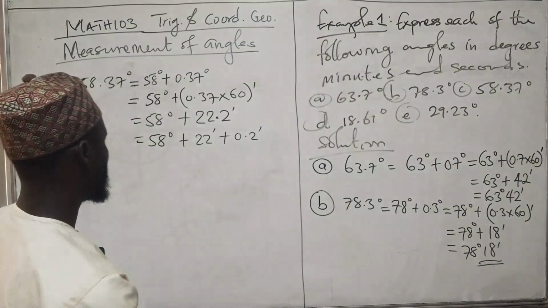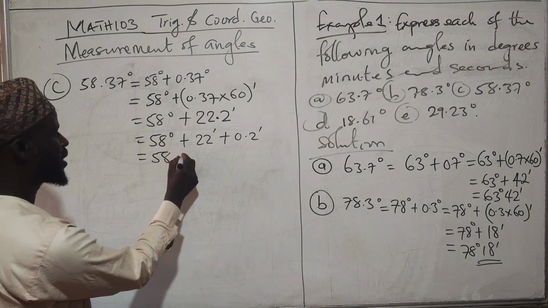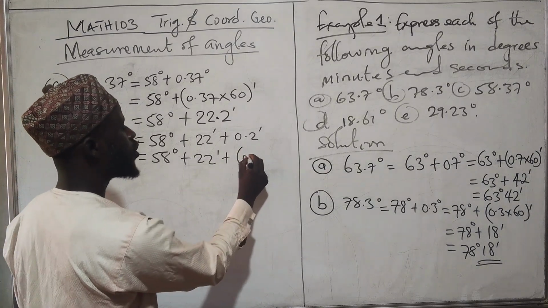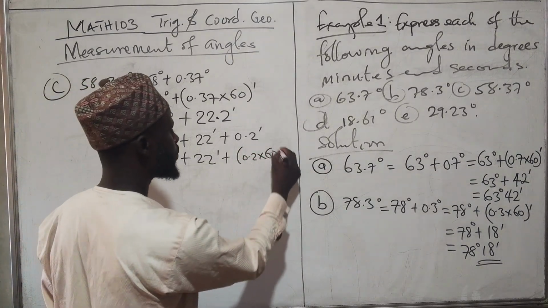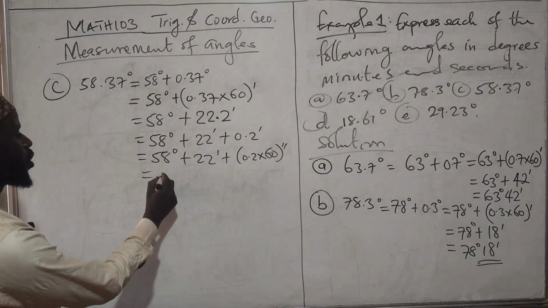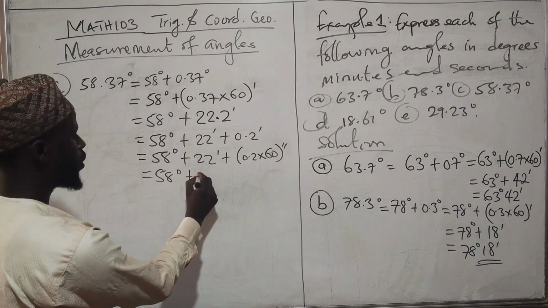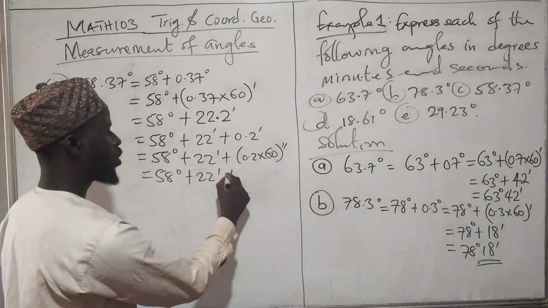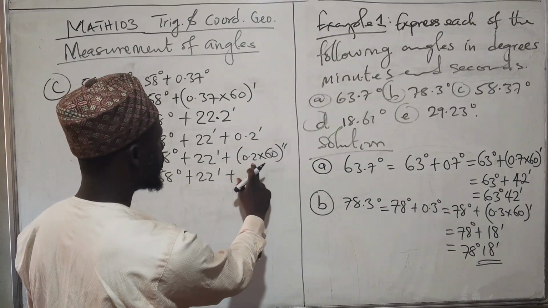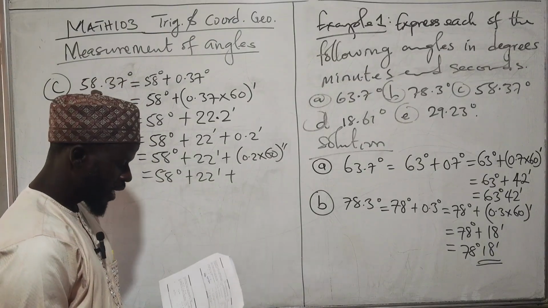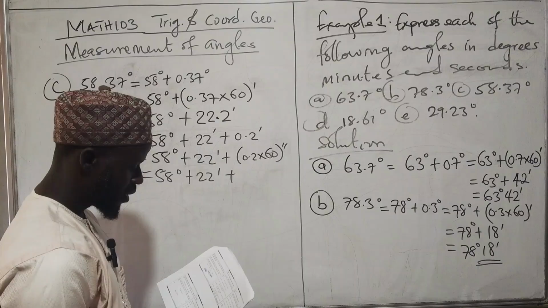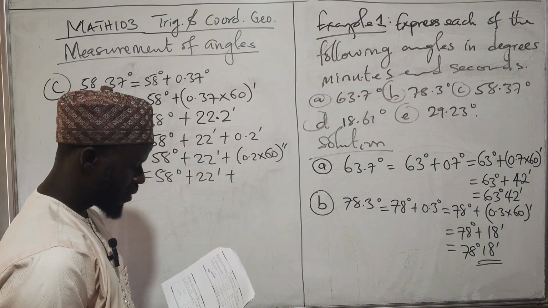So we have 58 degrees plus 22 minutes plus 0.2 times 60, now in seconds. 0.2 times 60 will give you 12.